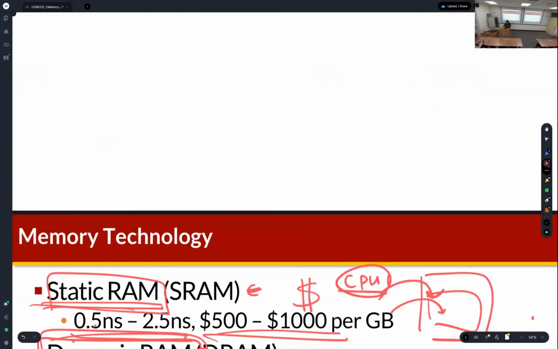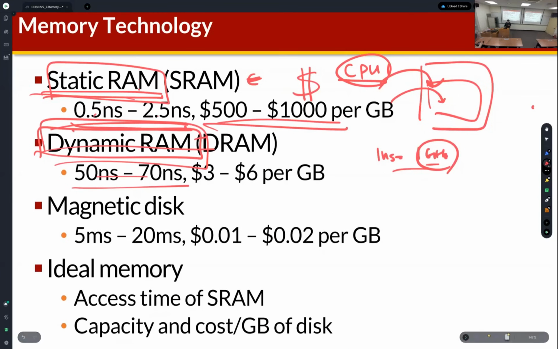Also, in the computer system, the DRAM is located outside of the CPU. That's why DRAM is called external memory, and the SRAMs are called internal memory. If certain components are located out of a chip, out of a processor, then it will also be slow.